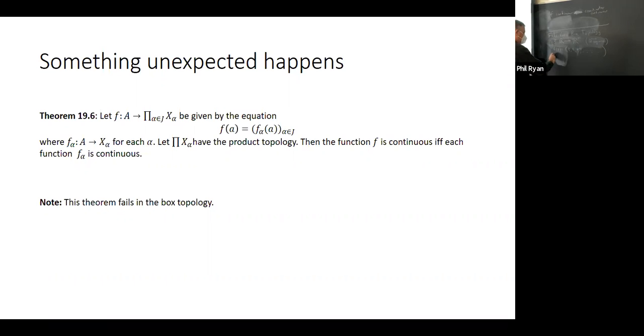So let's look at this little open set, which is (-1, 1) cross (-1/2, 1/2) cross (-1/3, 1/3) cross, and in the nth position, it's (-1/n, 1/n), etc. Okay, so this is an open set in the box topology because at each coordinate we've just got an interval.